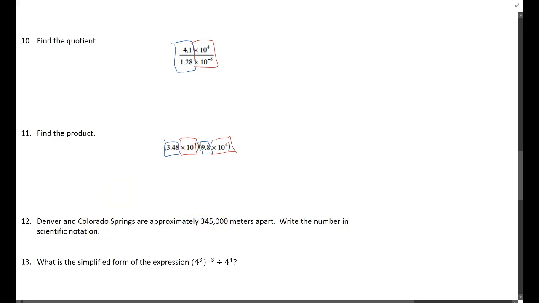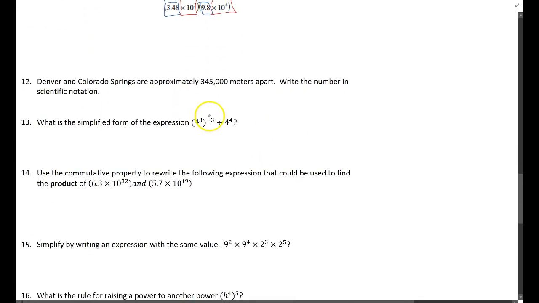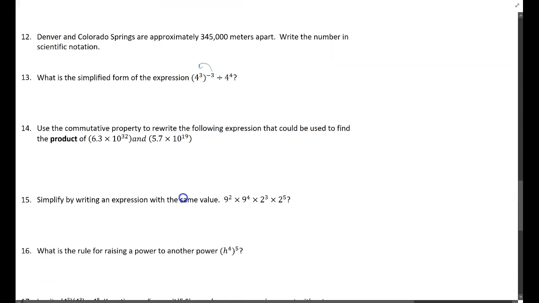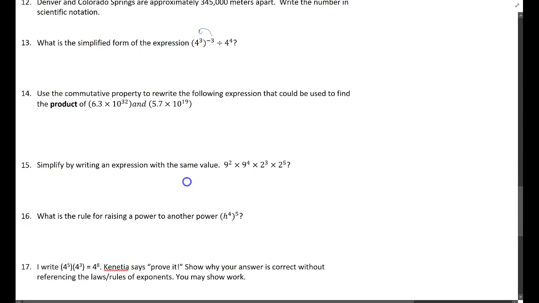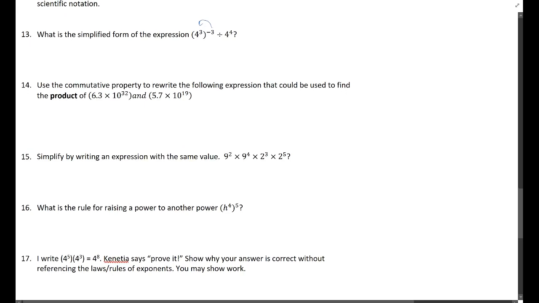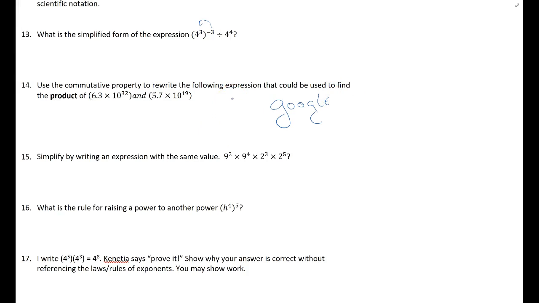This, number 12, should be reasonably simple. Here, remember that you apply power of powers rule, and then you simply subtract your powers. The commutative property of multiplication, I'm going to actually have you Google the commutative property of multiplication and give this one a shot because it's actually rather interesting when you get to read it.